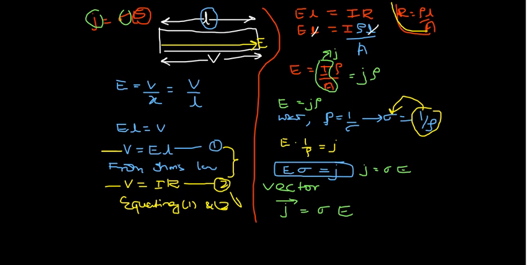Resistivity is a scalar quantity, so sigma is also a scalar quantity, and I can't put a vector on it. Electric field has direction, so it must be a vector quantity. Therefore, J bar is equal to sigma into E bar is the vector form of the microscopic form of Ohm's law. Okay, understood.